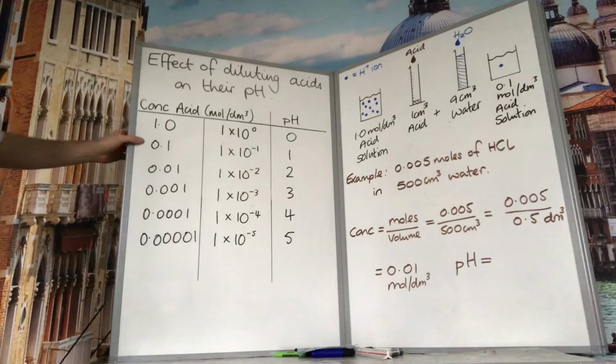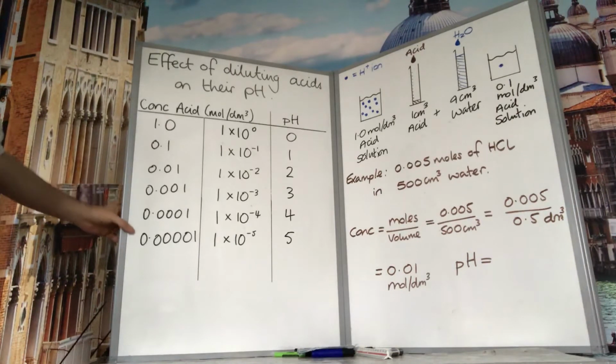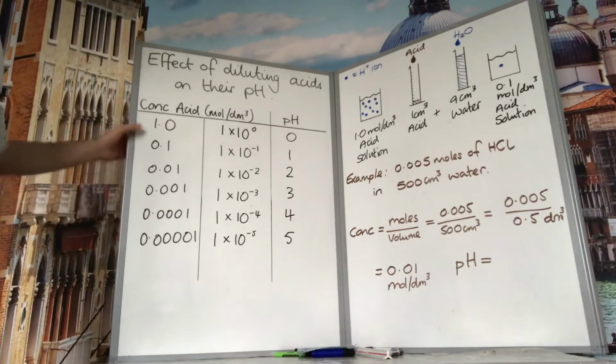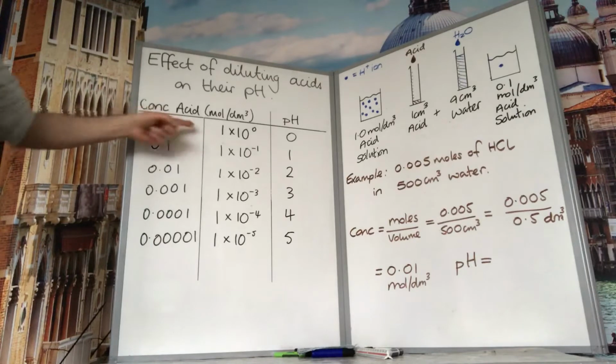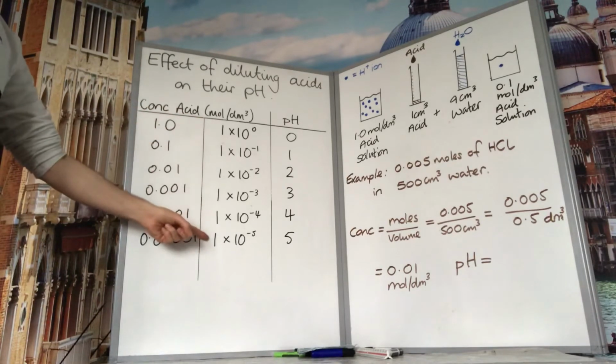If we take various concentrations here, so I've diluted these by a factor of 10 each time, the concentration can be written in standard form. If you're unfamiliar with this, refer back to your maths texts.